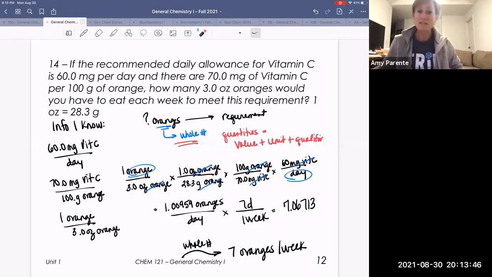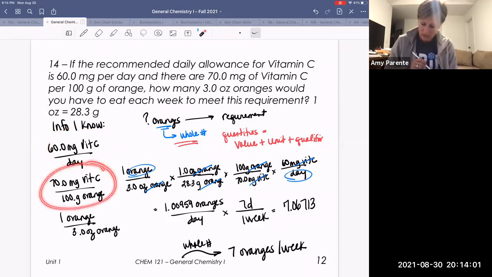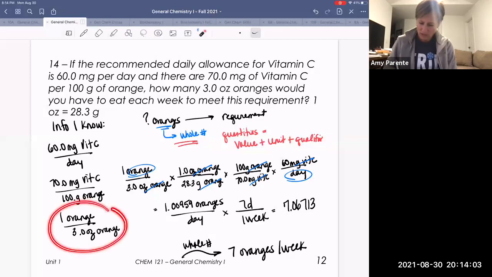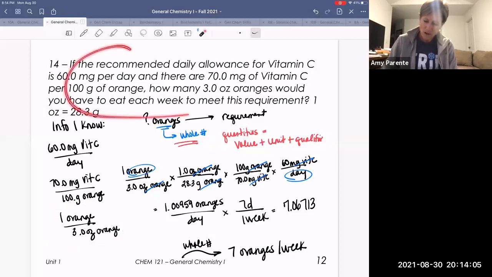We need to figure out how to create unit conversions from the words that are given. Okay, let's see if this reconnected. Good, reconnected. So we've got this unit conversion, this unit conversion, and this unit conversion that come from the text.